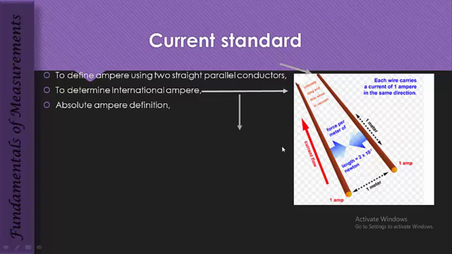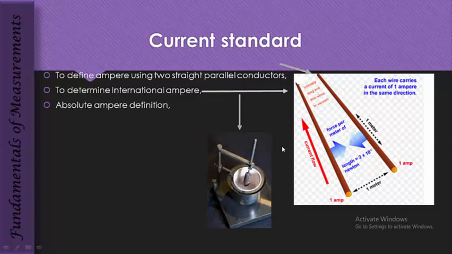In the international ampere standard, you had a vessel which contains silver nitrate solution, and an electrode on which silver was made to deposit at the rate of 0.000118 gram per centimeter. I repeat.